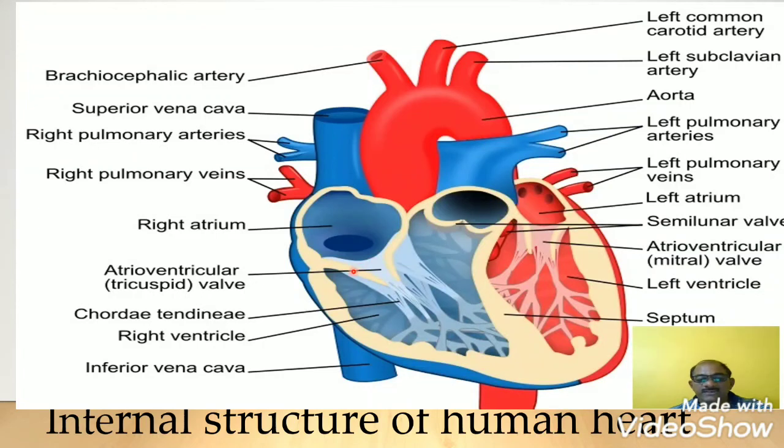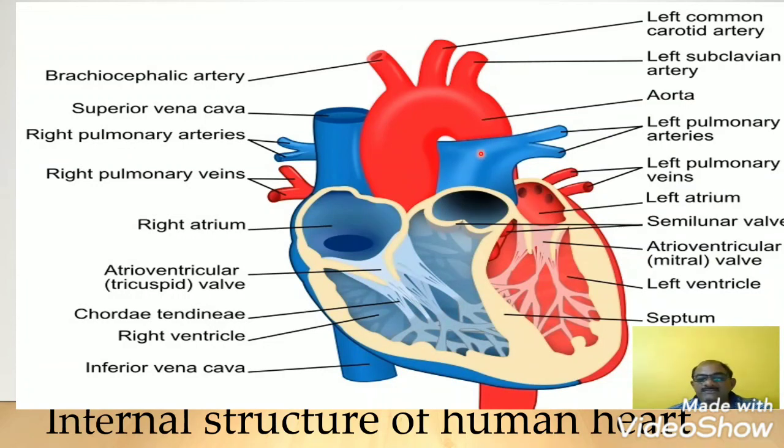Here the three flap-like structure. That valve is called the tricuspid valve. It is also called the atrioventricular valve. And then this right ventricle receives that impure blood, and that impure blood is pumped toward the lungs through semilunar valves. From that, right and left pulmonary arteries.